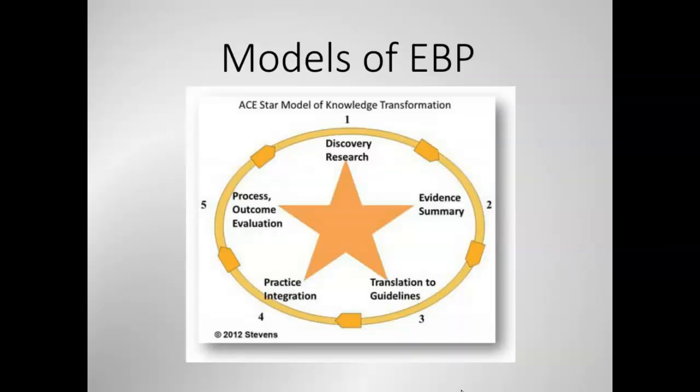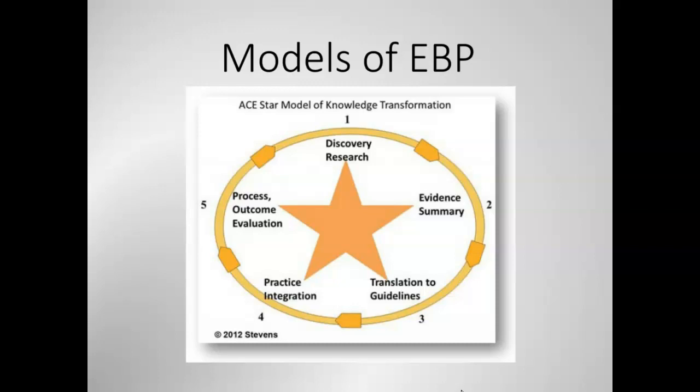Another model of evidence-based practice is the ACE STAR model. So it really doesn't tell you how to do your project, but it describes phases within your project. So early in your EBP movement, scientists tried to develop different types of models, and this is one of the models they came up with. And so this starts out with, number one could be discovery or research. So it could be that you're collecting data as you go.